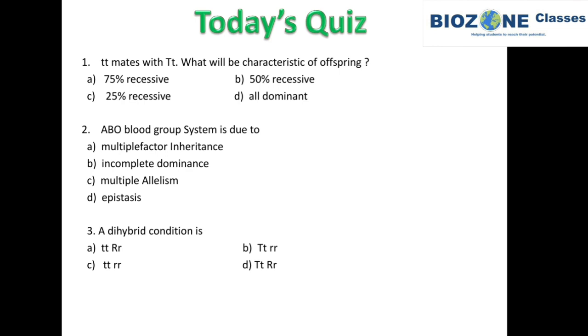Question second, ABO blood group system is due to option A, multiple factor inheritance, B incomplete dominance, C multiple allelism, and D epistasis. Question third, a dihybrid condition is A, small t capital R small r, B capital T small r, C small t small r, and D capital T capital R small r.